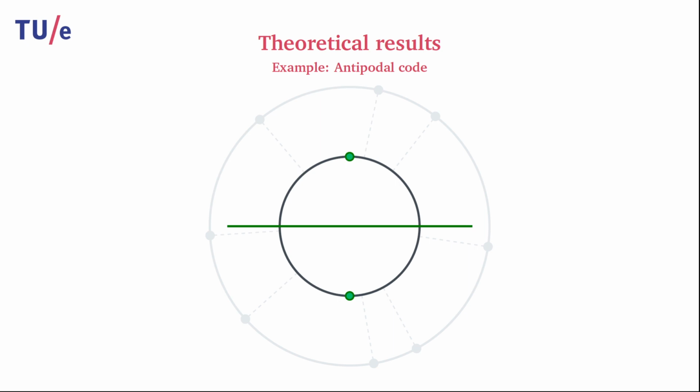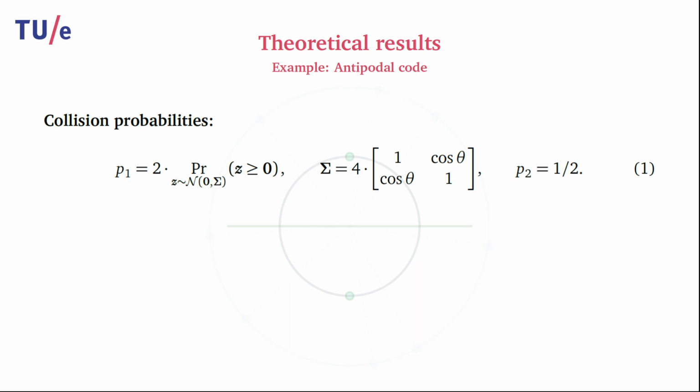So that partitions the low-dimensional sphere into two regions. And this has been studied long ago. So in terms of this framework, you get that the collision probabilities are, okay, P2 is just 1/2, and P1 is 2 times this orthant probability, where the correlation matrix has the shape of 1, cosine theta, 1, and some scale of 4 that you don't really care about.